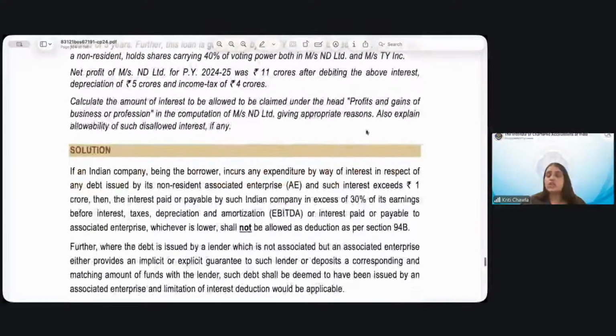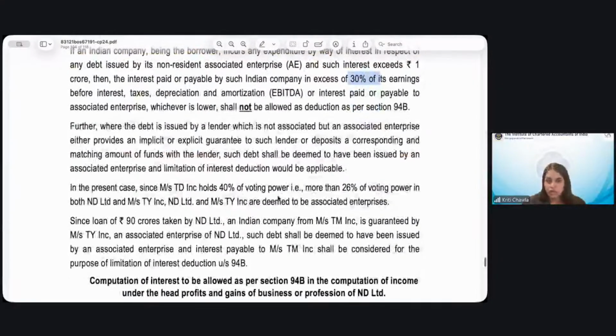Then you have to make sure that there is a threshold of excess interest out there and that will be allowed or not allowed in this particular situation. And then you'll also have to look at associated entities in this particular situation.